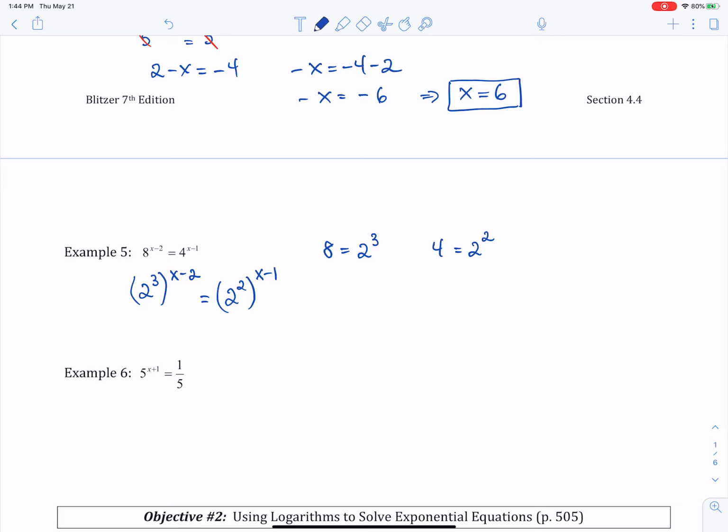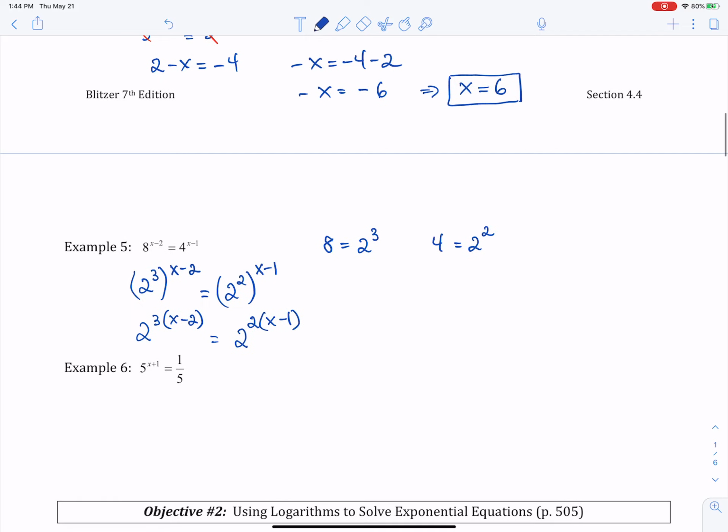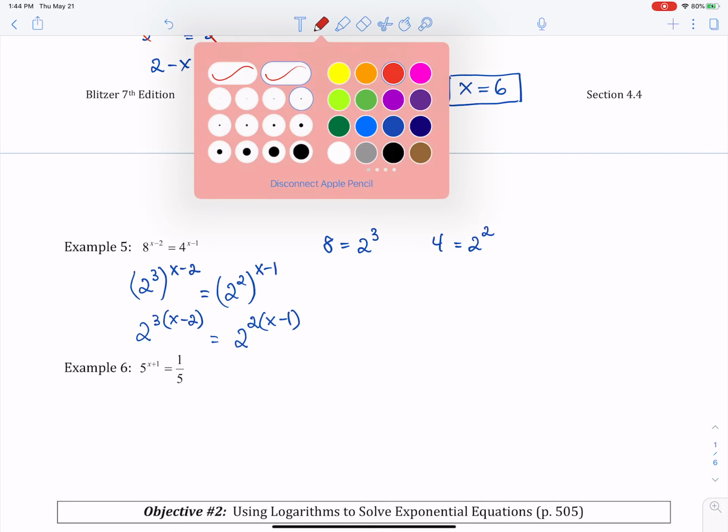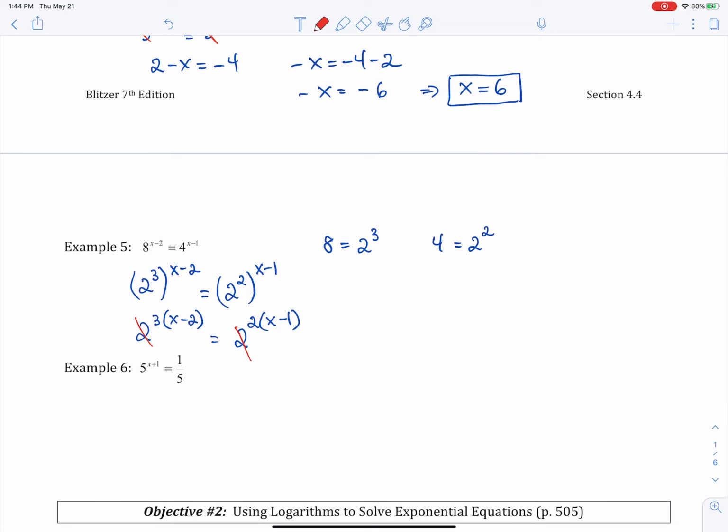Again, based on properties of exponents, that's the same as 2 to the power of 3 times x minus 2. And on the other side of the equation, that's 2 to the power of 2 times x minus 1. Now the bases are the same, so we can drop them.